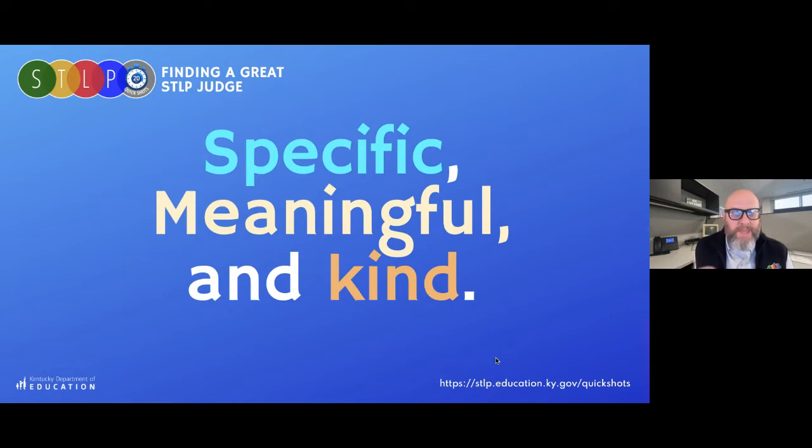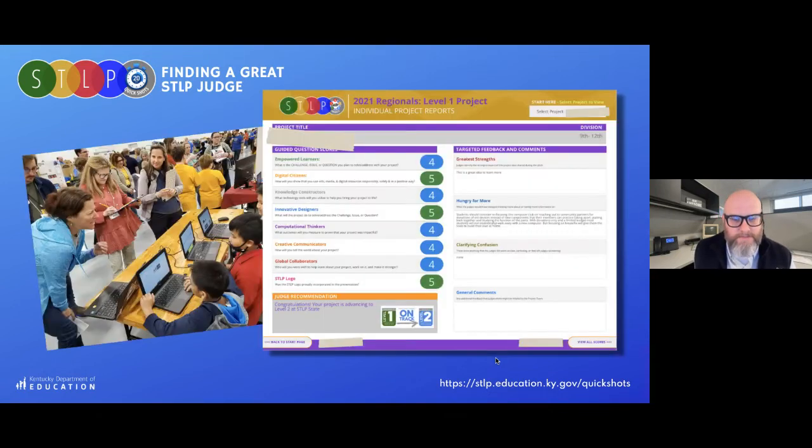But when the students get their scores back, that number comes and goes quickly, but what they latch onto is this specific, meaningful, and kind feedback that we provide: comments, a review of what they've done, actual words to let the students know what is helpful, what was great, what the judges loved, and what they need to work on if they're still moving on to the next level of the competition. So these 3 words are everything: specific, meaningful, and kind. That is what the role of the STLP judge truly is.